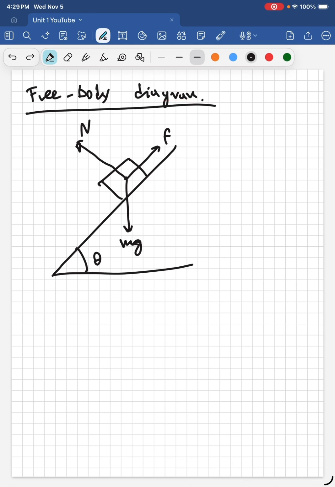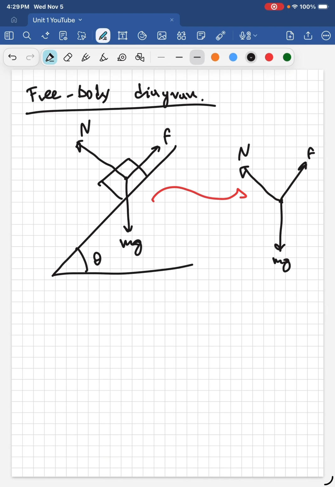So that's the friction. And by free body diagram, we mean that we remove the body and we remove everything and we just draw the forces like this. Okay, mg, f, and n. Oops. That's n. Okay.